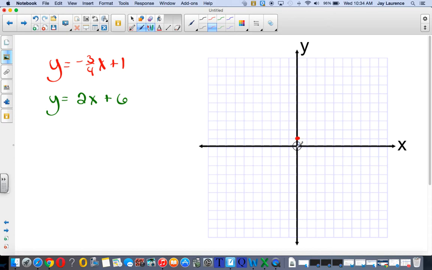Okay. So we're going to go 1, 2, 3, 1, 2, 3, 4 right there. Okay. So the y-intercept is going to be 6. 1, 2, 3, 4, 5, 6.